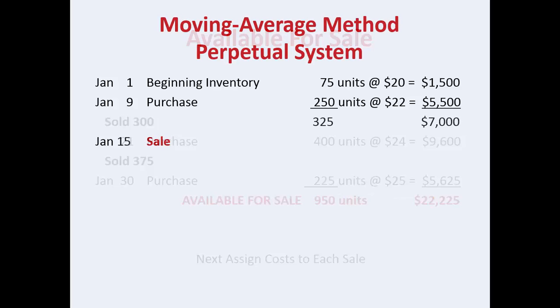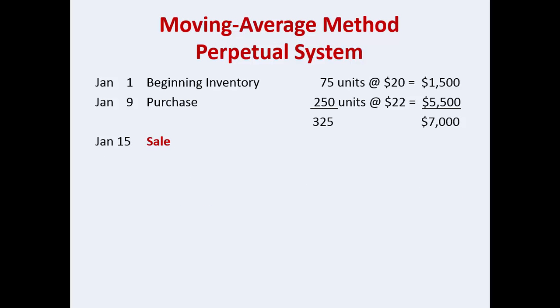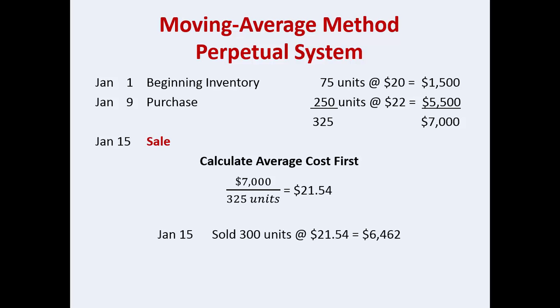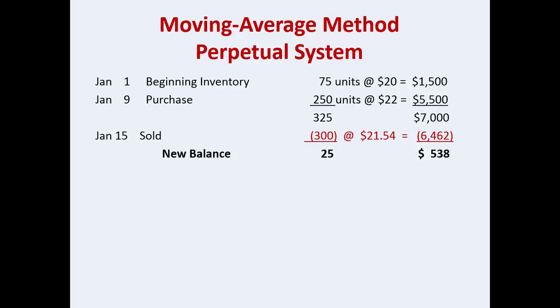Now you have to assign the cost. So at the 15th, before you can assign a cost, you have to figure out, well, what's my average? 7,000 divided by 325 units gives you an average cost of $21.54. And then figure out what's left over after that. So you can actually think about this new balance as your new beginning balance.